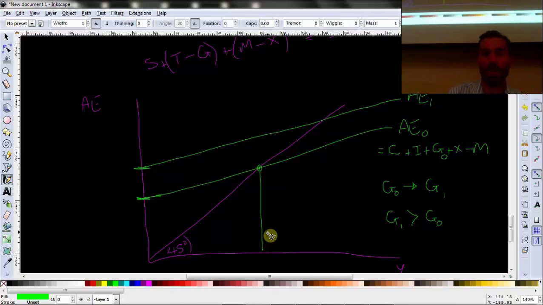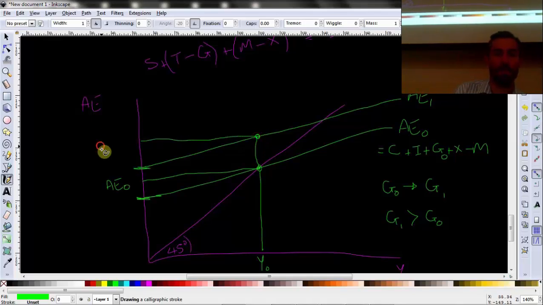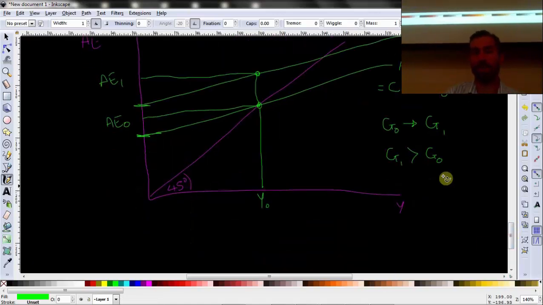Initially, given AE0, I had some equilibrium level of output, Y0, and I had some equilibrium level of expenditure, AE0. If I've increased expenditure to AE1, so if I continue my discussion, my little notes here, AE1, are you happy that AE1 is greater than Y0?